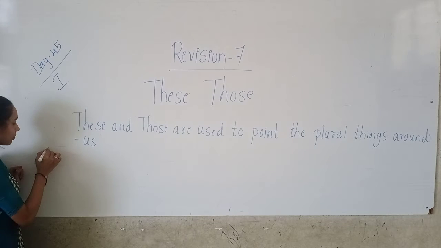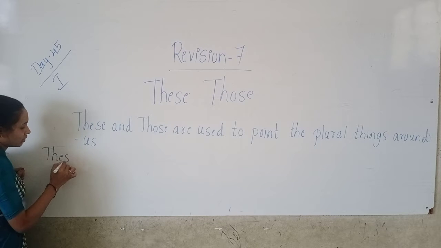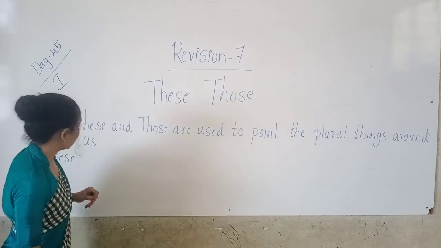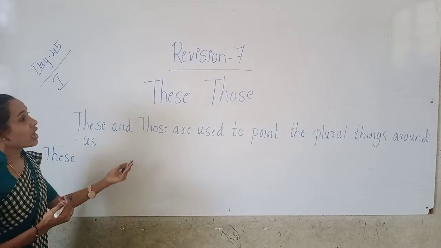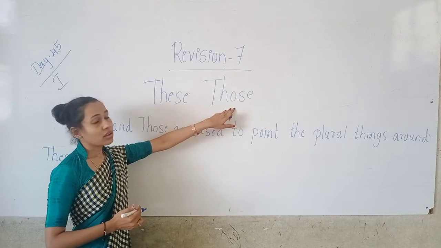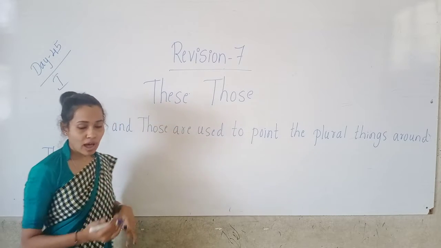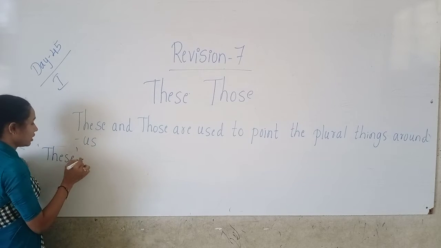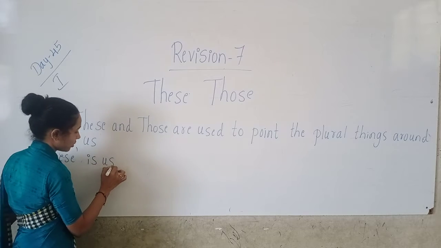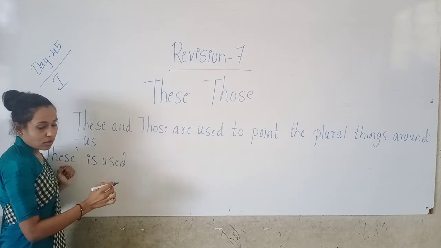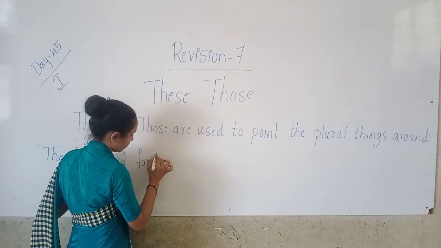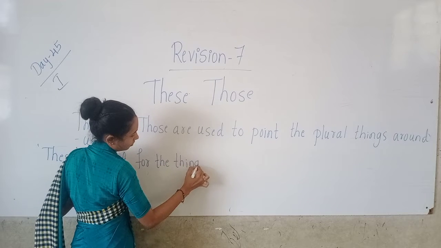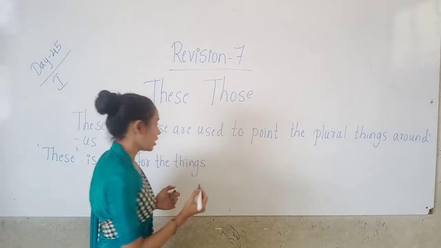Okay children? "These" is used for the things which are near to us, and "those" we use for the things which are far from us. Okay? These is used for the things that are near to us.